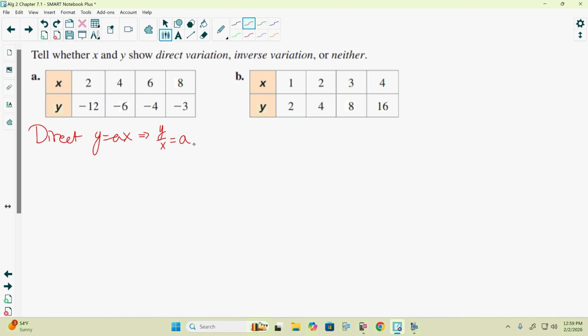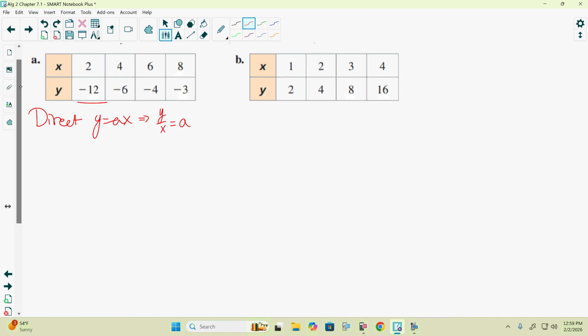So if we look at this here, and we take our first values of x and y, 2 and negative 12, and plug them into this equation, so negative 12 over 2, the y value divided by its x value, that ordered pair will give us a value. Now, negative 12 divided by 2 is negative 6. So if this is direct variation, I suspect we should have negative 6 as the value for a for all of them.